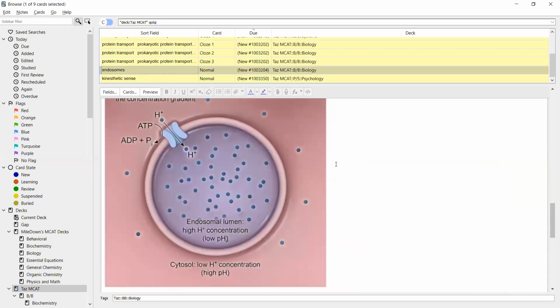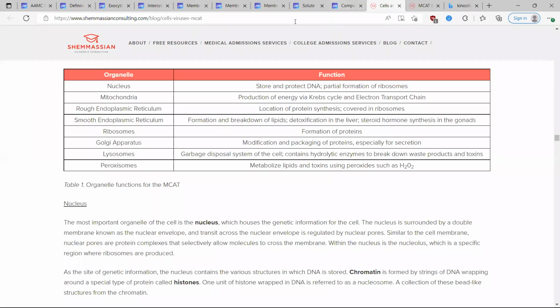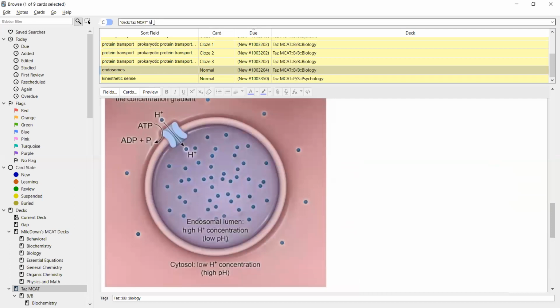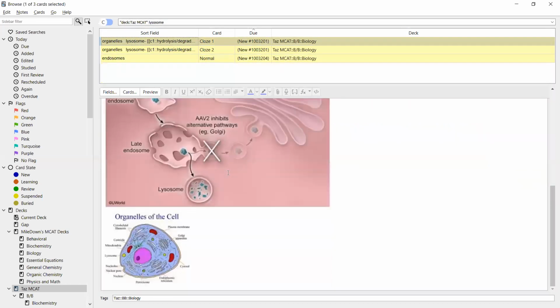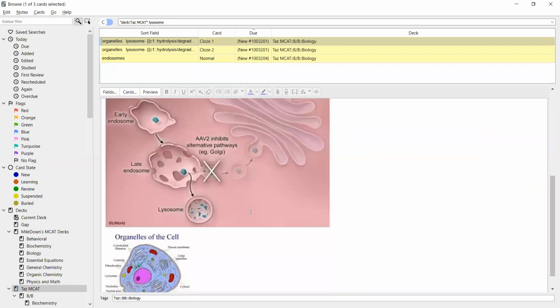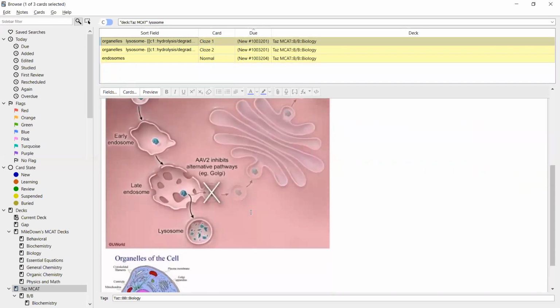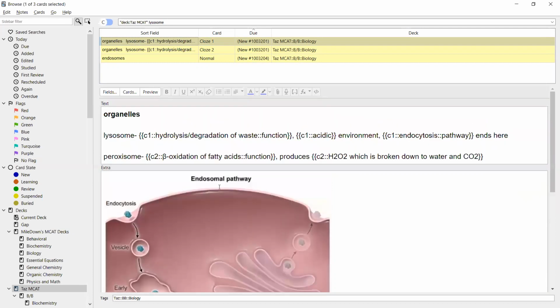I can't find a good picture here. Basically, it's acidic on the inside, and it can kind of merge with the vesicles that come in to destroy, or to degrade, whatever is inside.